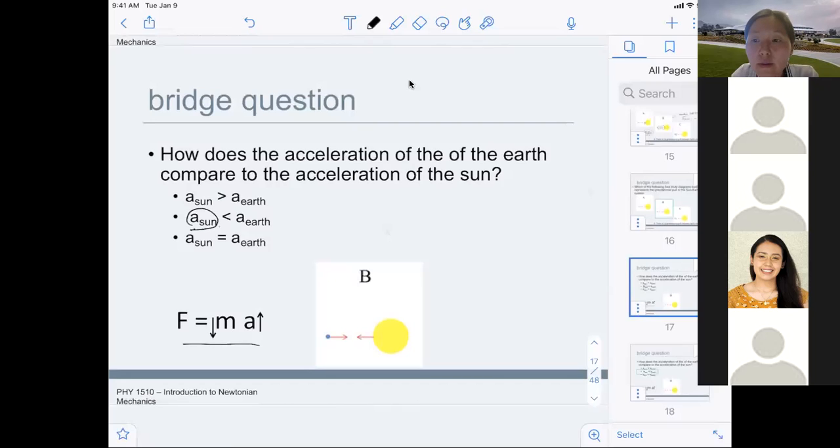I'm sorry, I have a question. So I was looking at my homework, and I didn't see any pre-labs or bridge questions for this week. Is it not in there? Let me check. Okay, let me see.